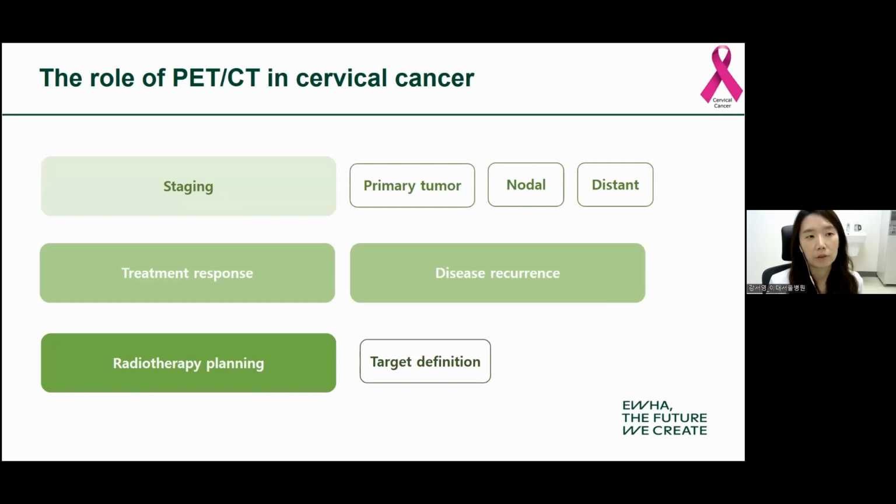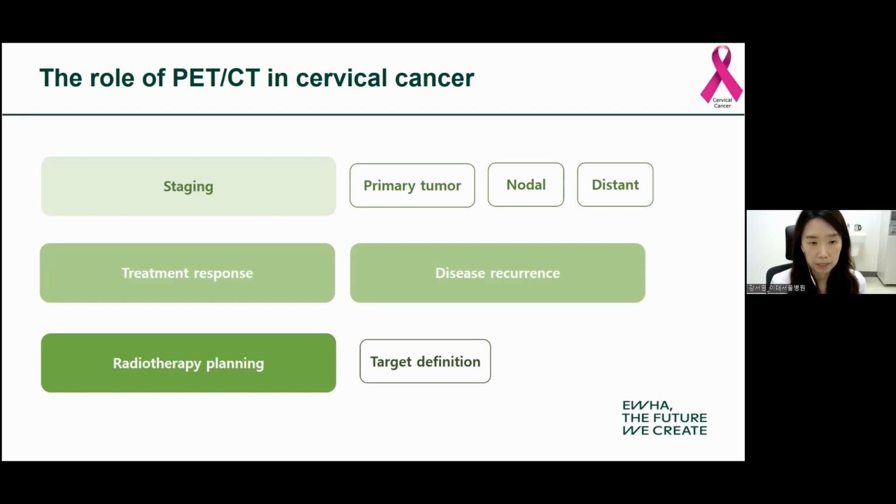So let's find out the role of FDG PET-CT in cervical cancer. Actually, FDG PET-CT is a very useful modality for evaluating all kinds of cancer in staging, treatment response, disease recurrence, and prognosis. In cervical cancer, FDG PET-CT has a similar role.